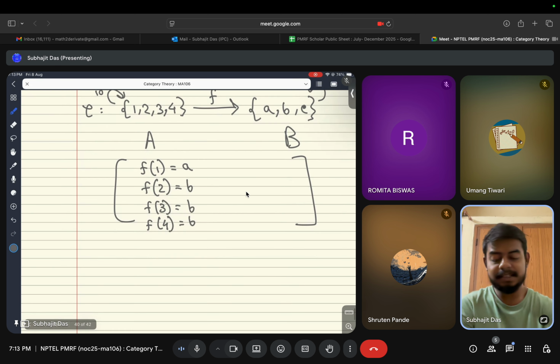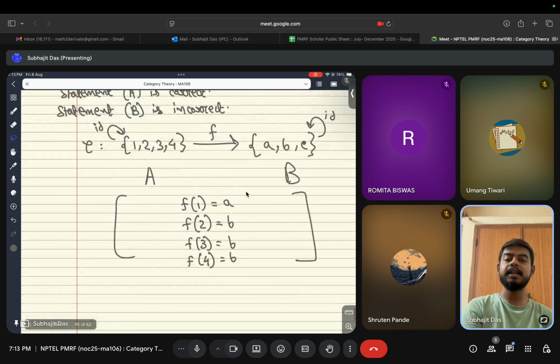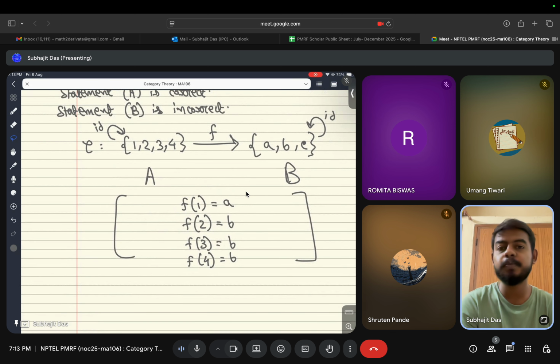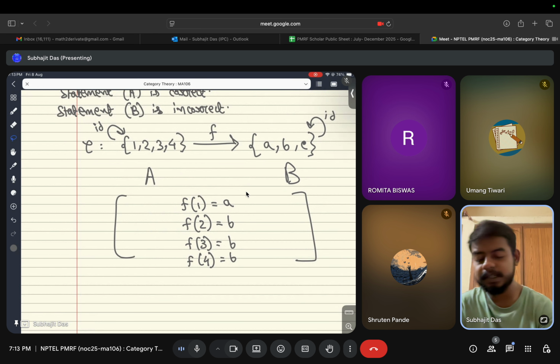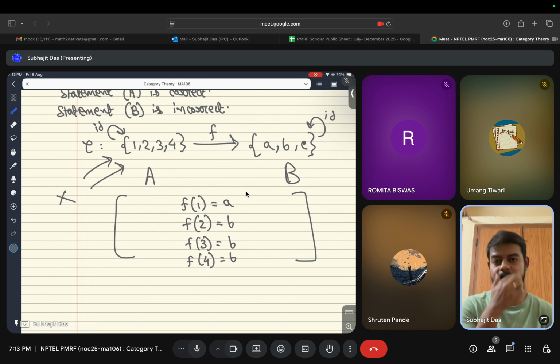Now the point is this, that this arrow F is vacuously a monomorphism, right? Because if it were not a monomorphism, then you could produce two maps from some X to A, such that F composed with one map is F composed with another map, but the two maps are not equal, right?